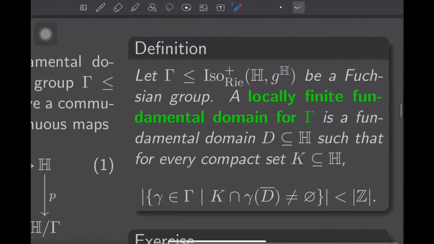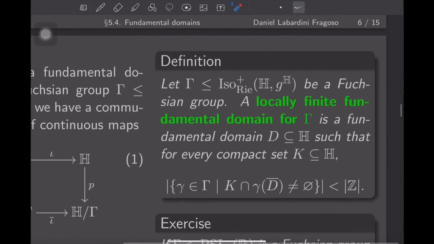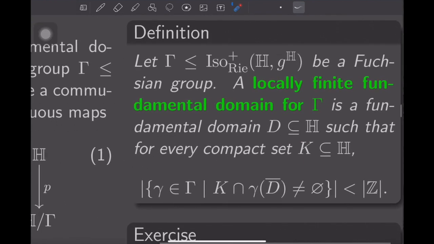Right? So a locally finite fundamental domain for my Fuchsian group gamma is a fundamental domain, of course, with the property that for every compact subset K of the hyperbolic plane, the number of elements of gamma that transport part of D bar inside the compact set is finite. Right?